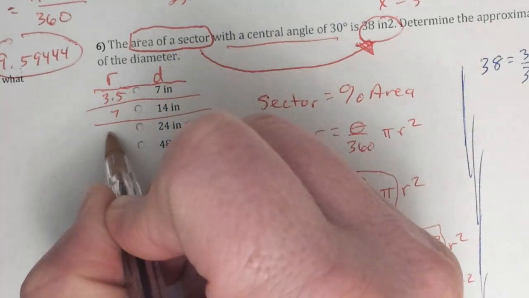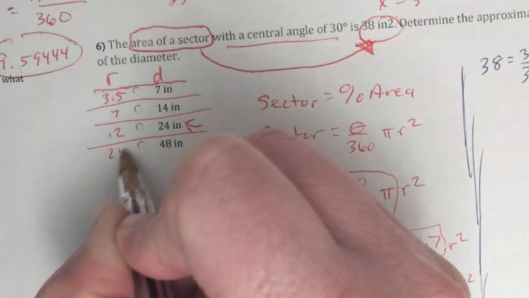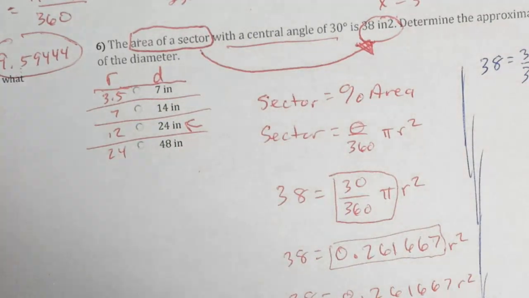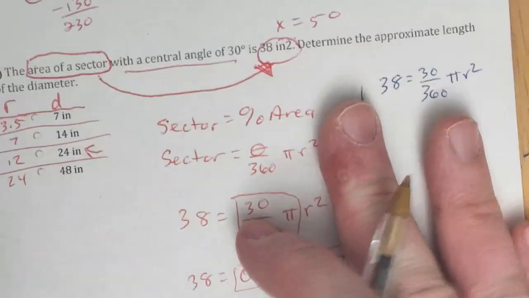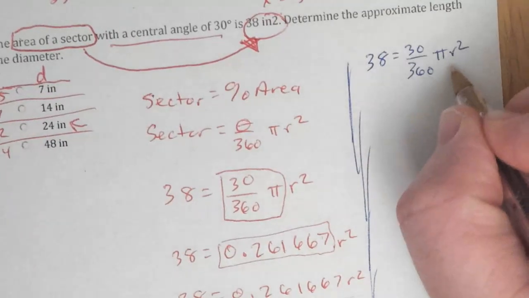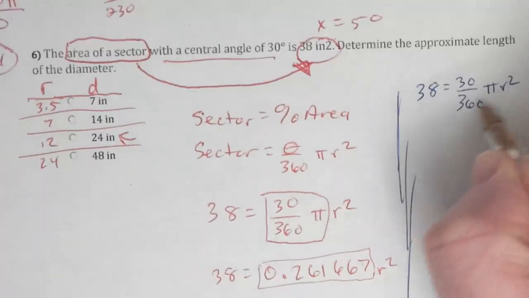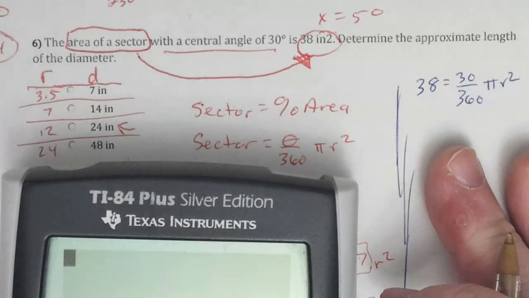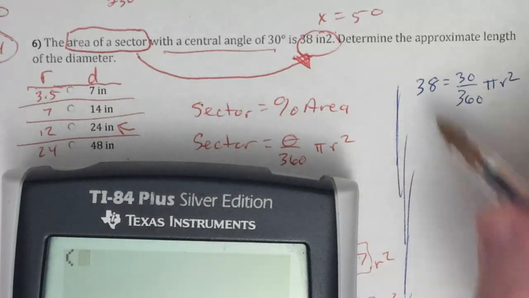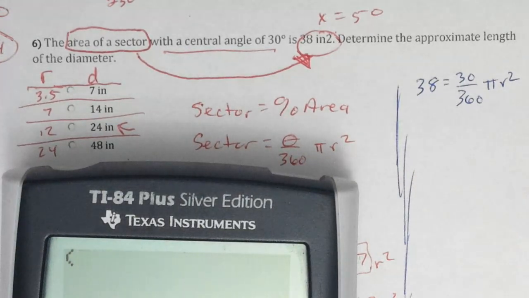7, 12, and 24. All right, so we're trying these. If you plugged in 3.5 for the r, so I'm going to put my calculator here and try these out. I want to see, does it pop out as 38? So here we go.